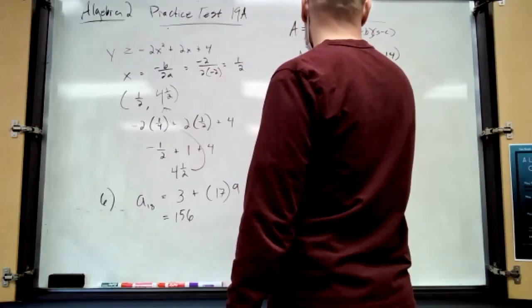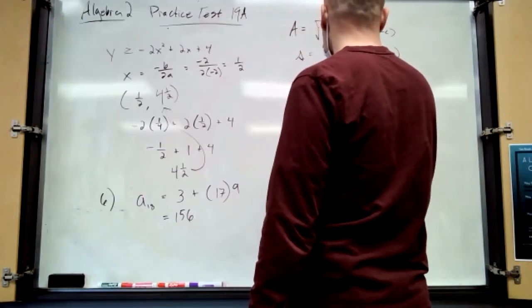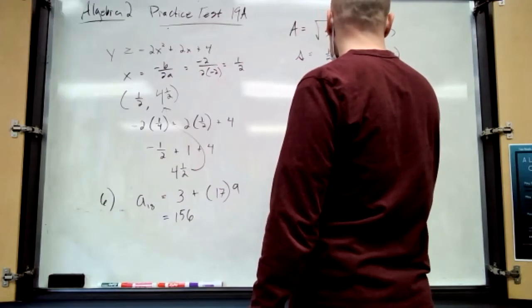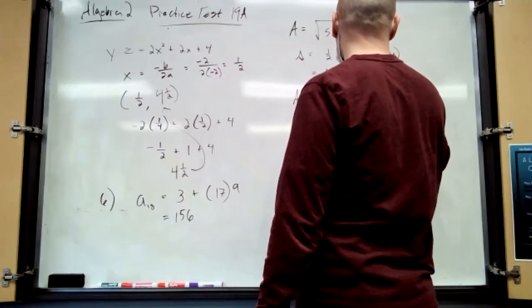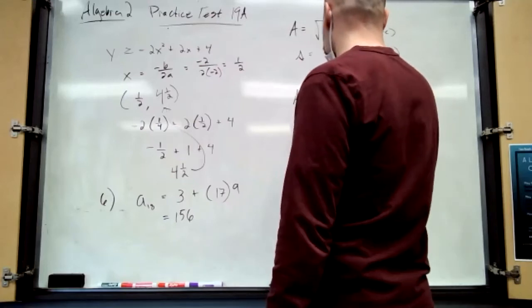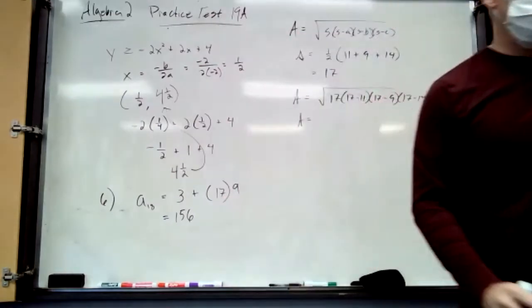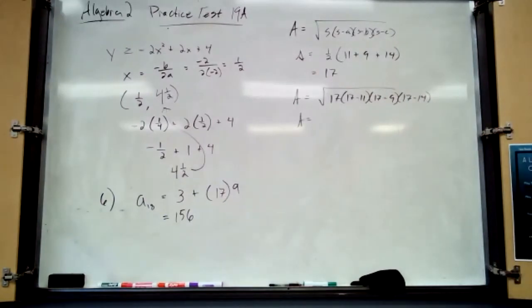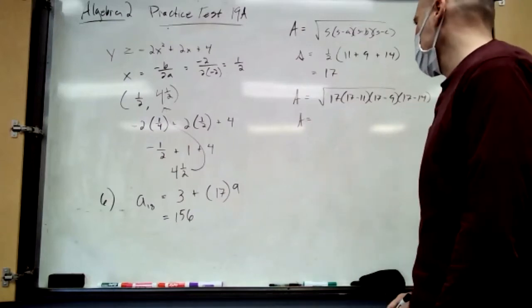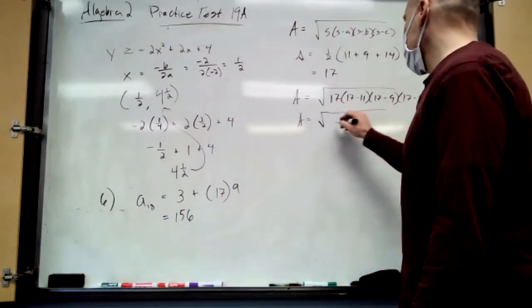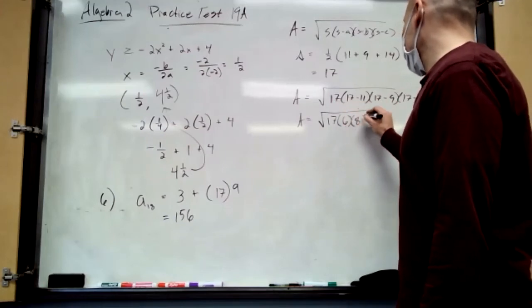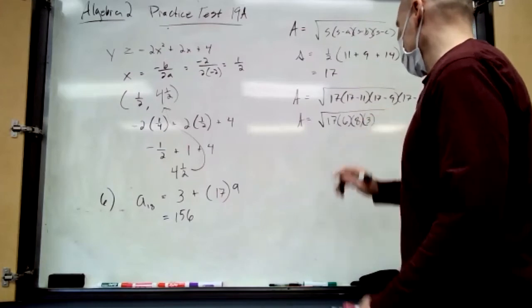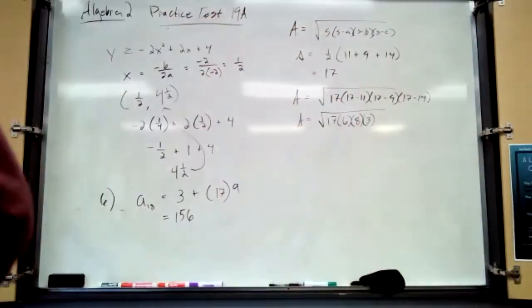So area is the square root of 17 times 17 minus 11, 17 minus 9, 17 minus 14. Okay, you guys understand what we're doing? It gives you everything. You just plug stuff into these formulas and you're good. So this is square root of 17 times 6 times 8 times 3. Okay, so let's do that.